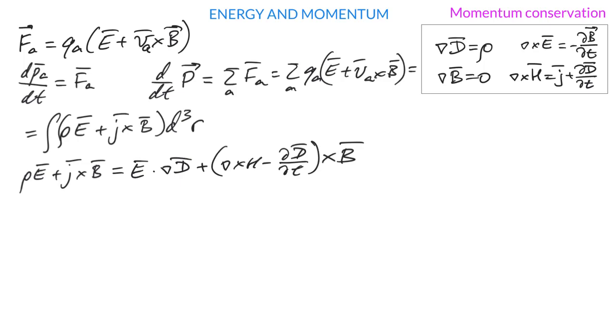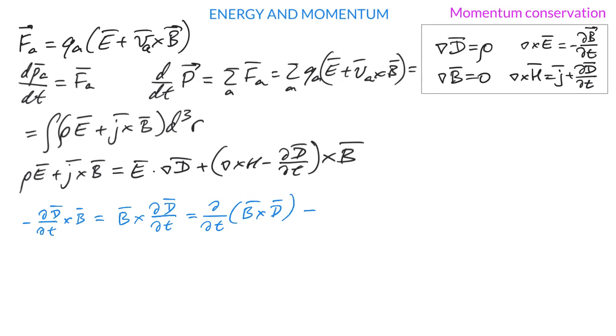Now let's do some rearrangements. In the last term, we have negative dD by dt cross B. First, let's swap the order. That will change the sign. And then I'll rewrite this as d by dt of B cross D, and we subtract the extra piece, dB by dt cross D, that we've introduced.